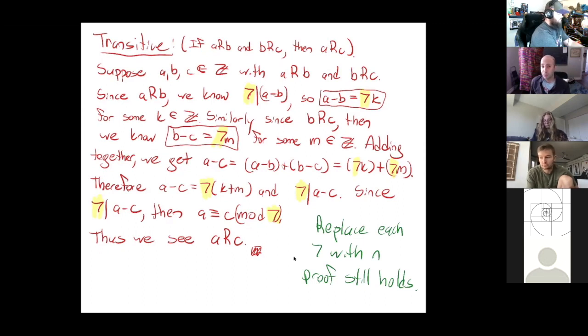We had enough letters floating around without an additional n. So I think it does read nicer having a 7 there, but that's really just a placeholder for any natural number.